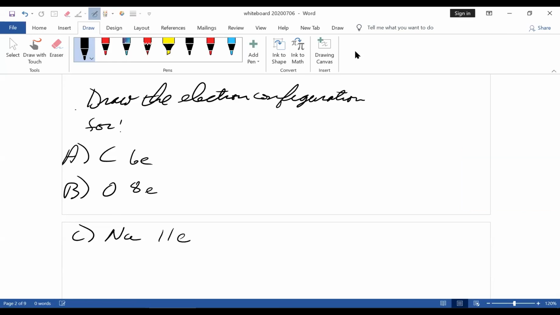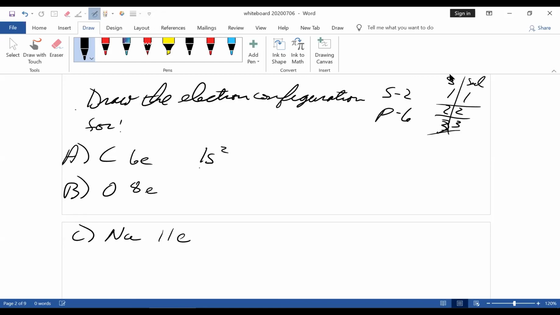And if we look at this, we have 1s, and that has S, 2 electrons, P, 6. And the shells are 1, 2, 3. And subshells 1, 2, 3. So I have 1s is the first one. I can put in 2 electrons.